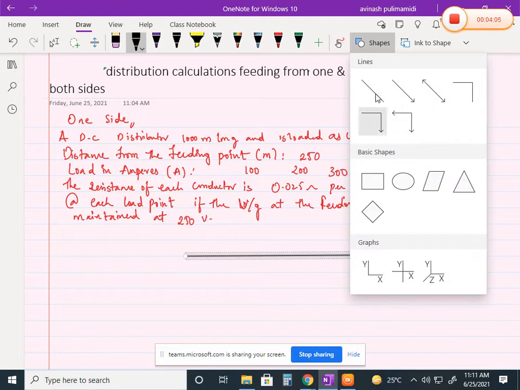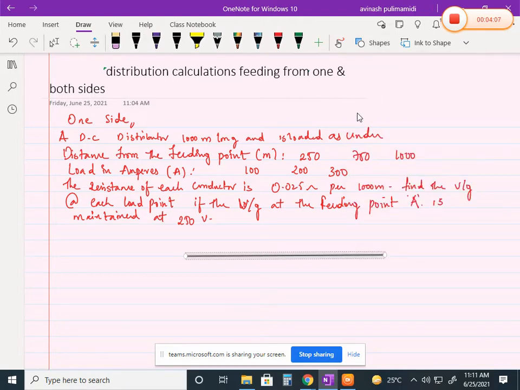So this is the question given with the distributor feeding from one side.